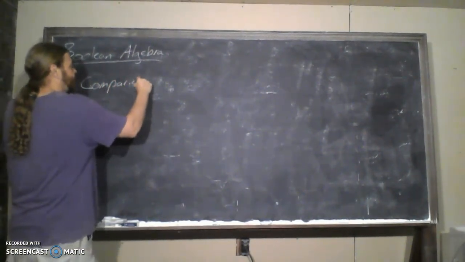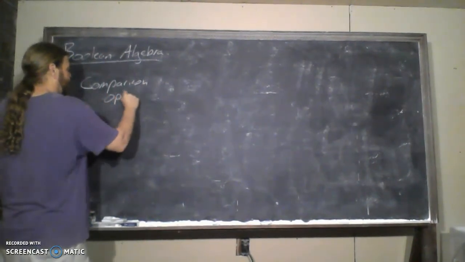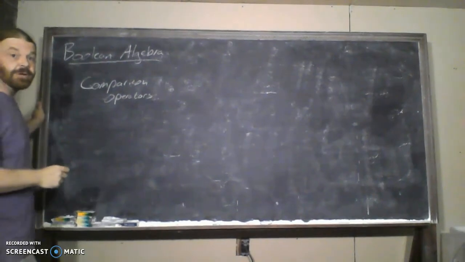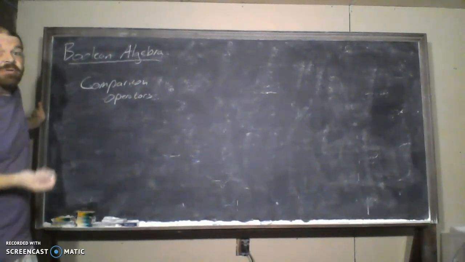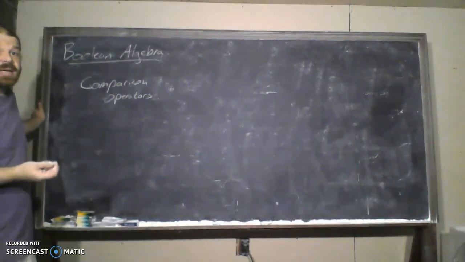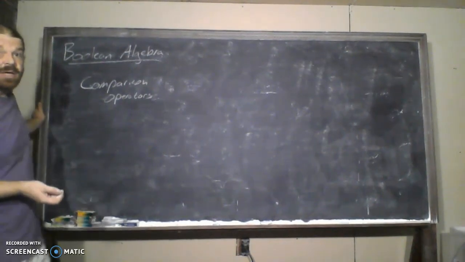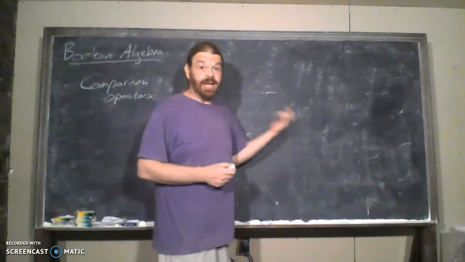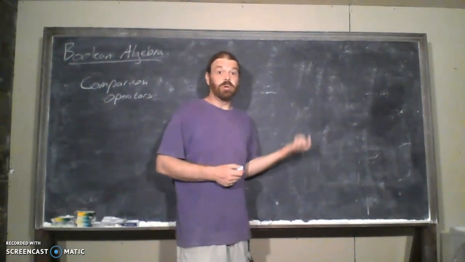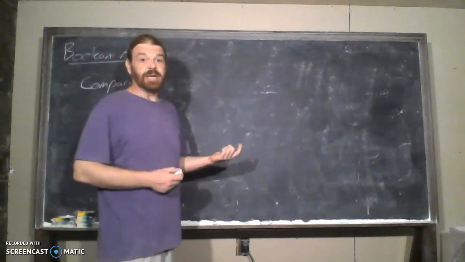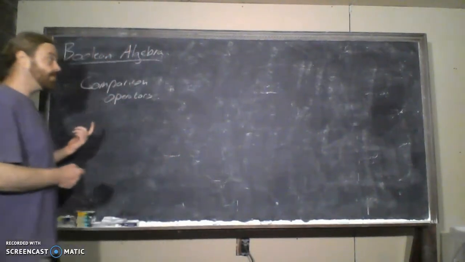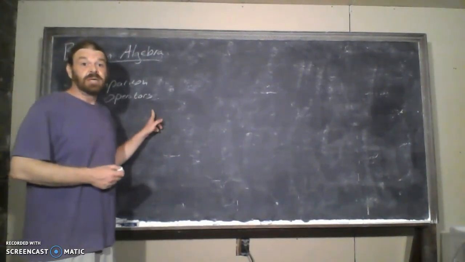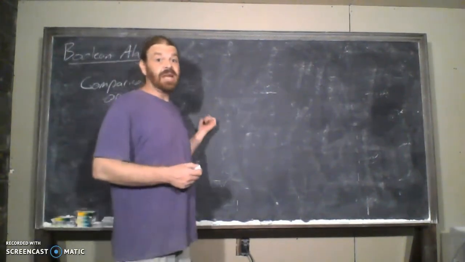The comparison operators. So what sort of comparisons do we have? Right off the bat, one we've already mentioned, equality. Right? And in math class, if we're writing equals, equal to, or equality, we use an equal sign. But we want to be careful because in most languages, we use the equal sign for assignment.